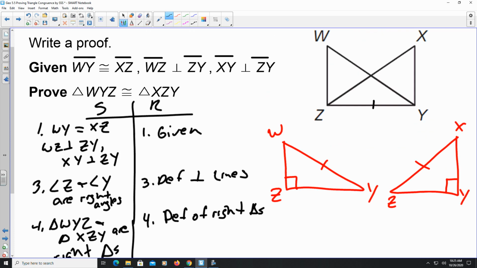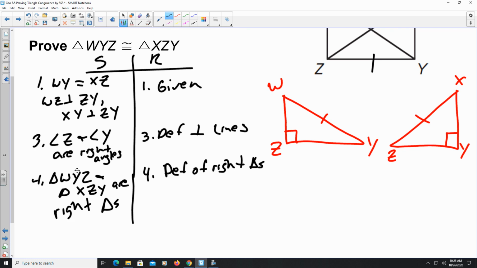Next, I know that they both share ZY or YZ, so for this fifth statement, I can say that ZY is congruent to ZY due to the reflexive property.